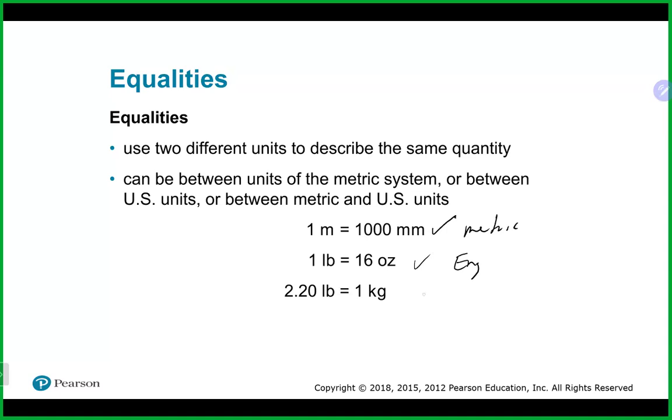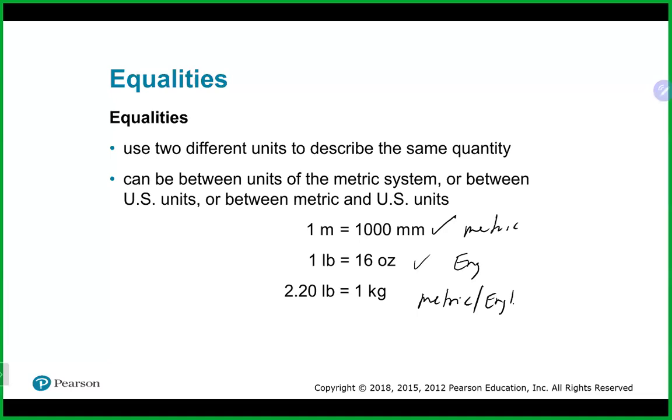And then we have our metric to English conversions, our equalities, and that is really the only conversion that, if you use it in a problem, you should look at the significant figures and include them, or think about them as you're thinking about your answer.